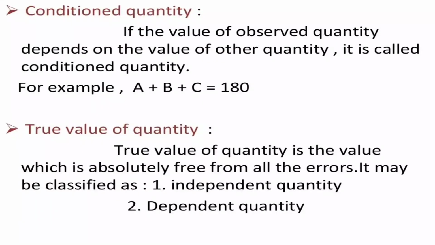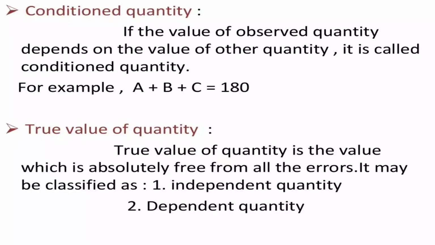Conditioned quantity: if the value of an observed quantity depends on the value of another quantity, it is called a conditioned quantity. For example, A plus B plus C is 180 degrees. True value of a quantity is the value which is absolutely free from all errors. It is classified as independent quantity and dependent quantity.